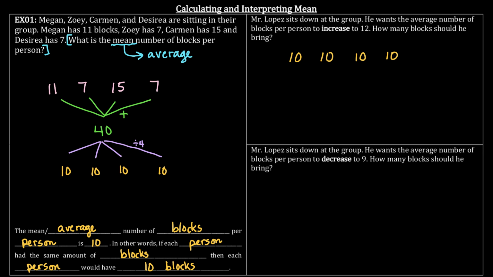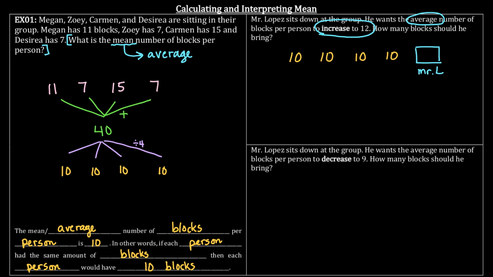But then I come along, sitting right here, and I want the average to increase to 12. So basically, I want it so that if we split them equally, each person would have 12.